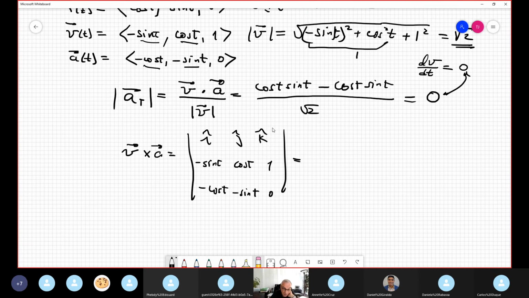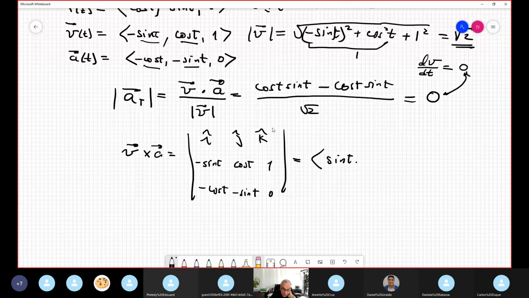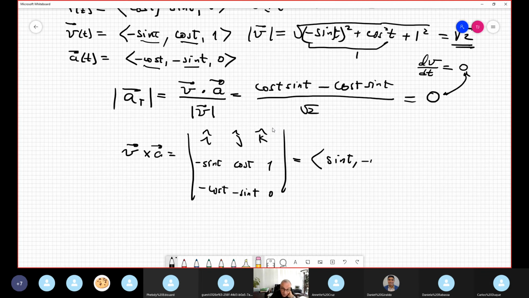When you compute that, I will skip that part, it is sine t, minus cosine t, and 1. Now, if you compute the magnitude of this, I did similar before, but the only thing that changes is the sign, it is radical 2.